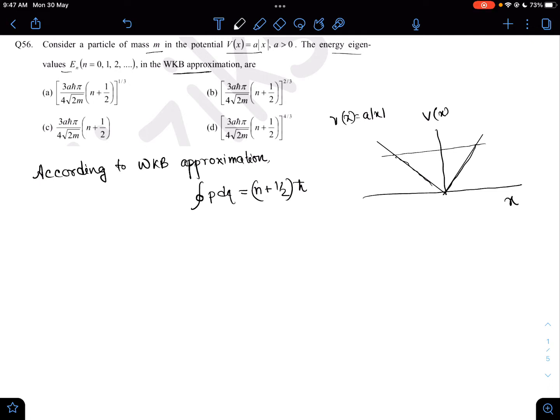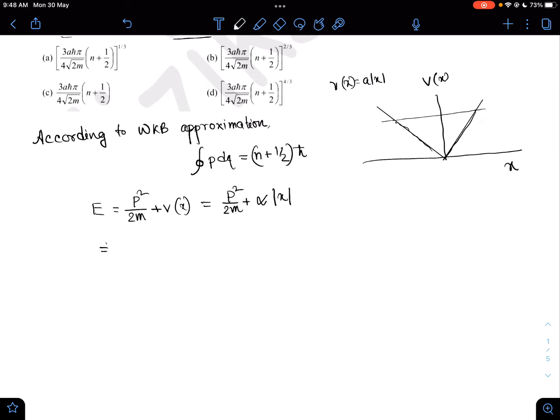So we can write our energy E to be P squared by 2m plus potential, which is alpha mod x. So from here, if you want to calculate P, it will be root under 2m E minus alpha mod x.